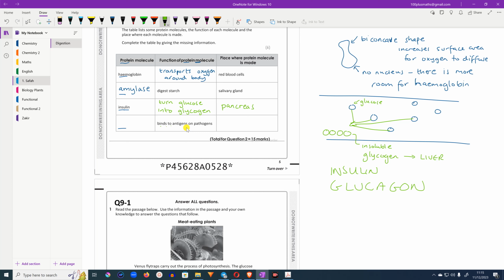Right, something that binds to antigens on pathogens. So antigens, think of a white blood cell. It's a lymphocyte that produces an antibody.